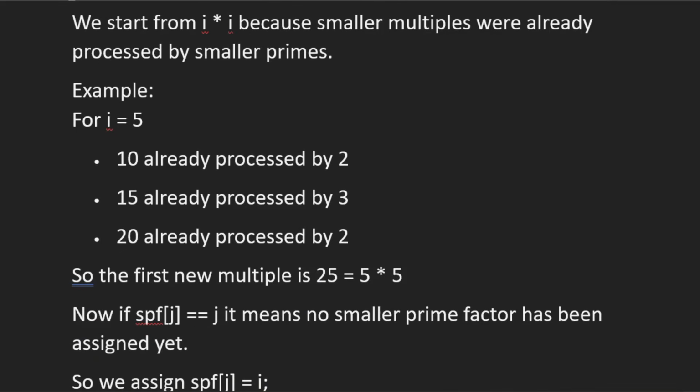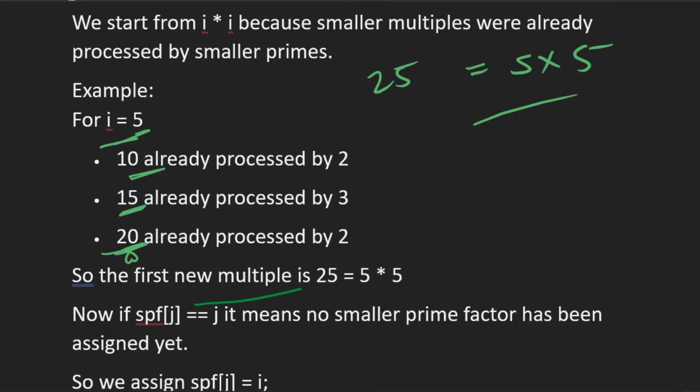For i equal to 5, 10 will already be processed by 2, 15 will already be processed by 3, 20 will already be processed by 2, right? So we directly start from 25 because it is 5 into 5, right? So this is also one optimization, starting from i times i directly.